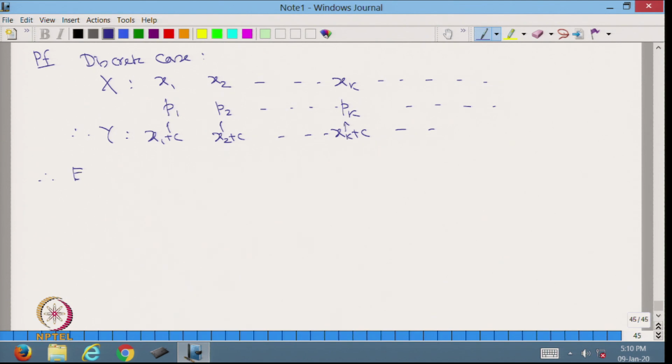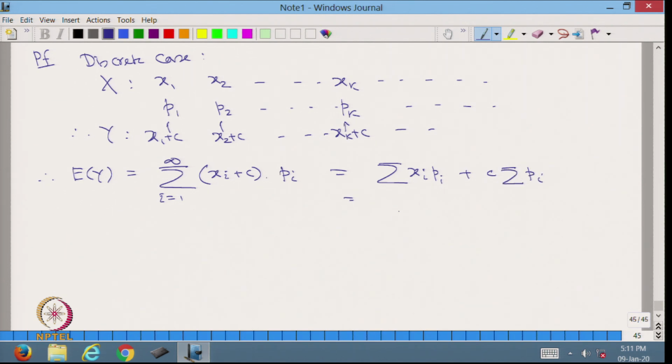Therefore, expected value of y is equal to sigma i is equal to 1 to infinity of (x i plus c) multiplied by p i, which is sigma x i times p i plus c times sigma p i, which is equal to mu plus c, as this is 1.